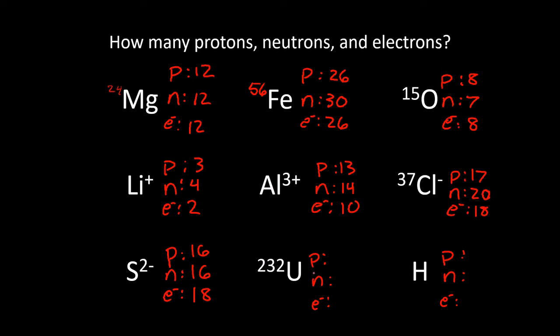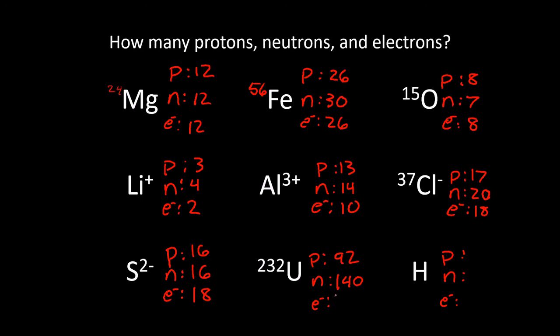For the uranium, this one is a big one. It is element number 92. And we are told that 232 is its mass number, which means that we have 140 neutrons. That is a whole bunch of neutrons.